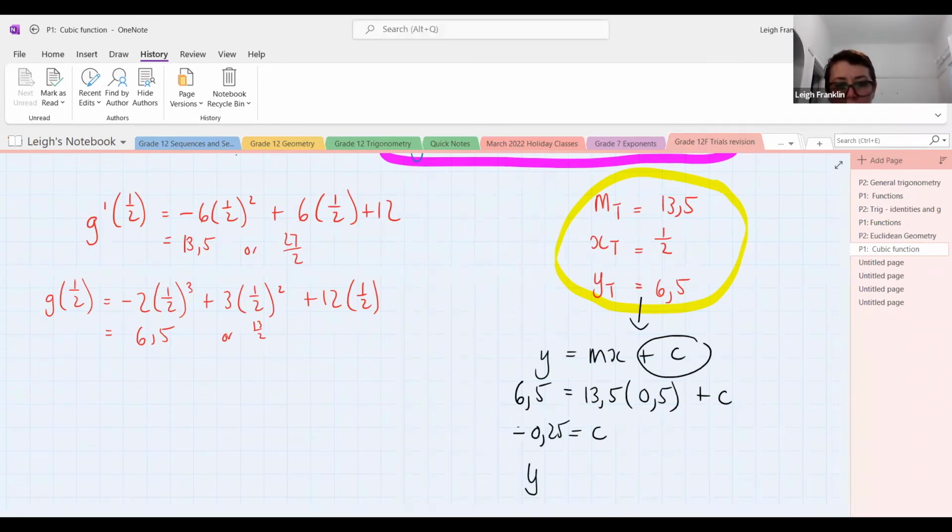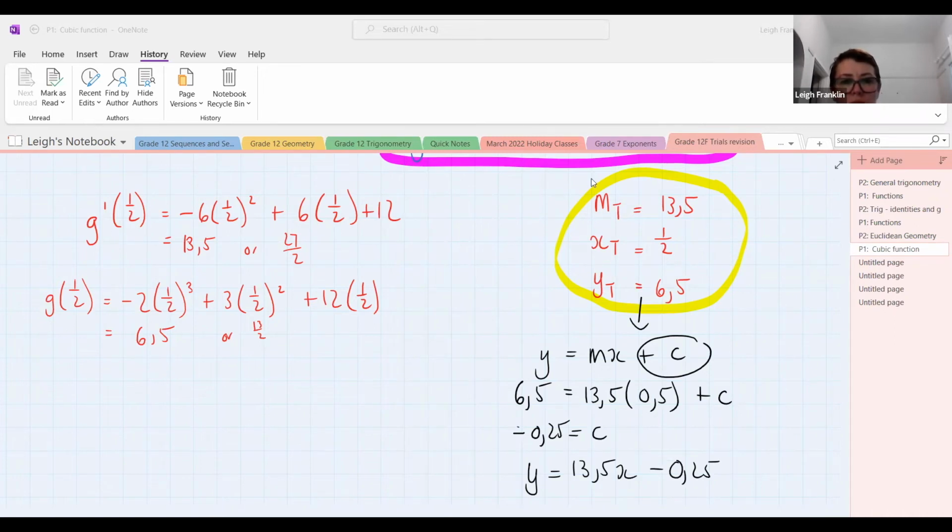Okay, so there we go. y equals 13.5x minus 0,25. Okay, good.